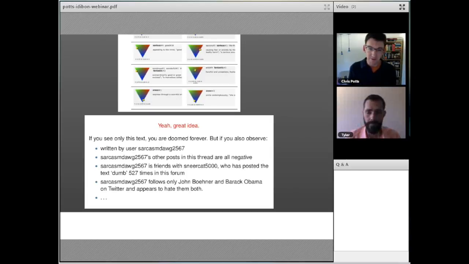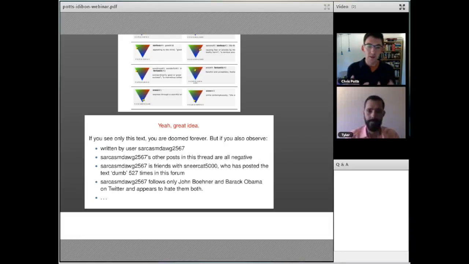It depends on context. So if somebody just gave you a list of texts, some labeled sarcastic and some not, I think you would not be able to make progress on this problem. The point of this slide is, if you have some contextual information, here I've done it in a kind of exaggerated way, so if you know that this was written by someone who calls himself Sarcasm Dog, and you know a bunch of other stuff about how this user interacts in the context of where this comment was made, then you might be able to get a grip on whether it's sarcastic or not.